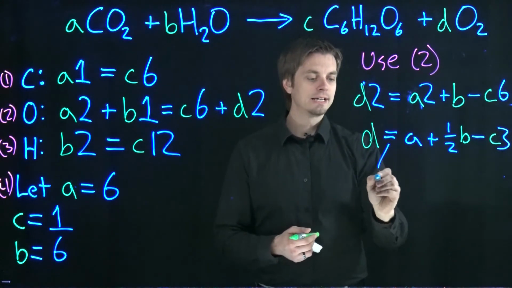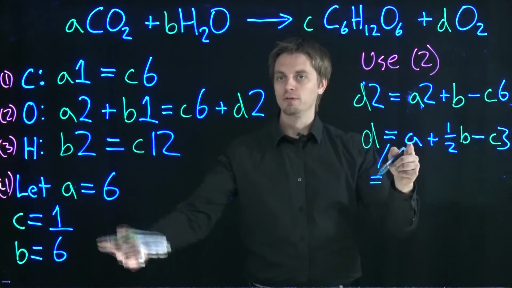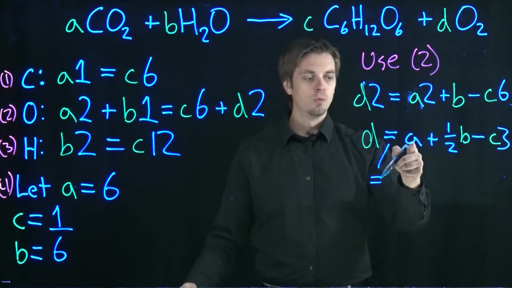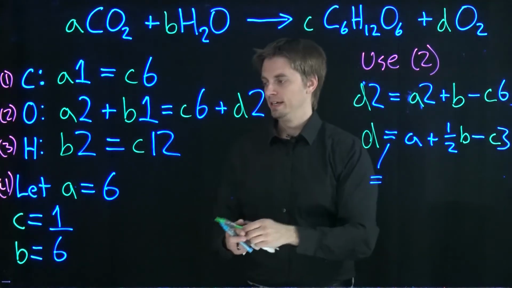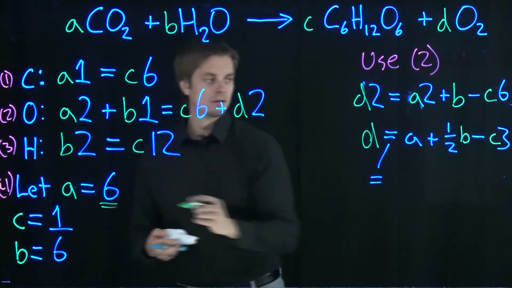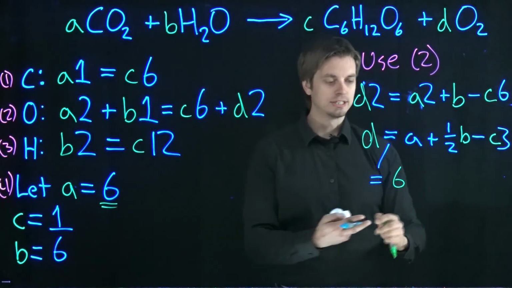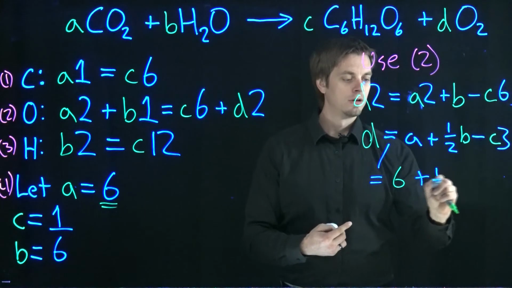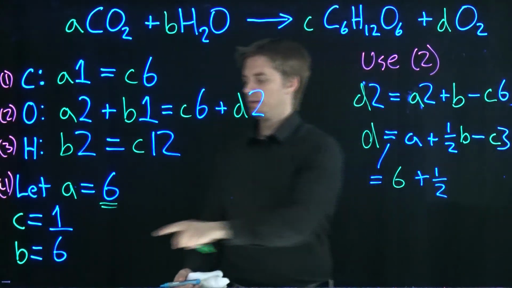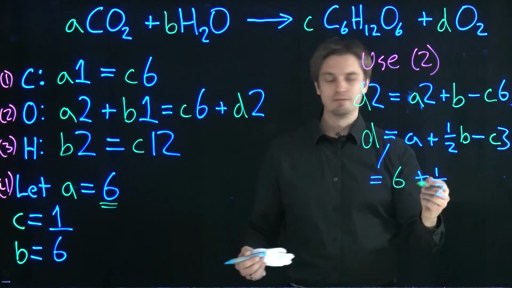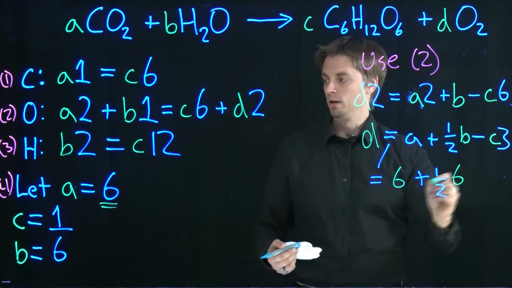Now, I can take this equation and plug in all the values that we previously solved for. We know that A is going to be 6. Okay, so I'm going to plug in a value of 6 here. B, we determined to have a value of 6 as well.